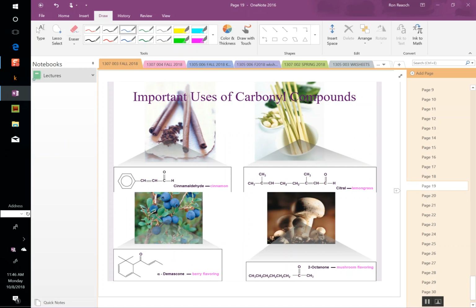Now these are naturally occurring compounds, and you can start seeing the different organic functional groups that are showing up. We've got double bonds in here. We've got an aldehyde. This is lemongrass. Mushrooms is 2-octanone, so it's a ketone. Cinnamon aldehyde, you've got the benzene ring, a double bond, and an aldehyde.